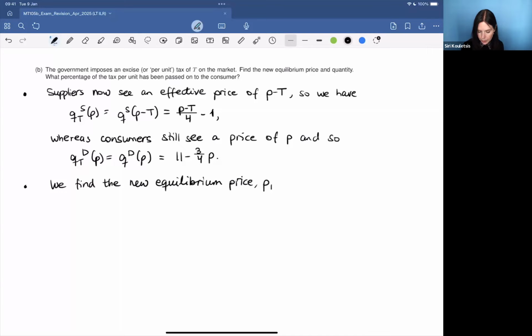We could call the equilibrium price in the presence of tax PT star, and again we can equate the two expressions for Q.